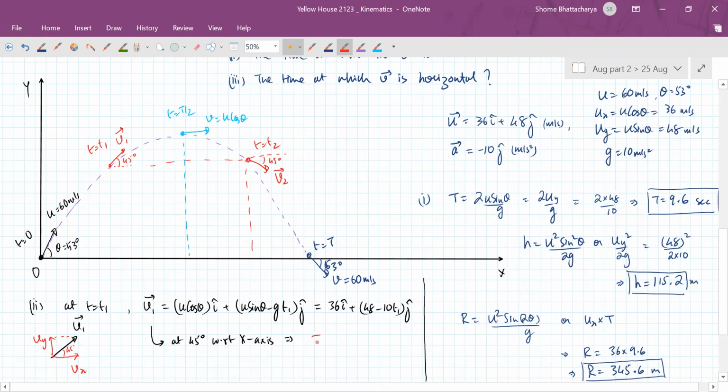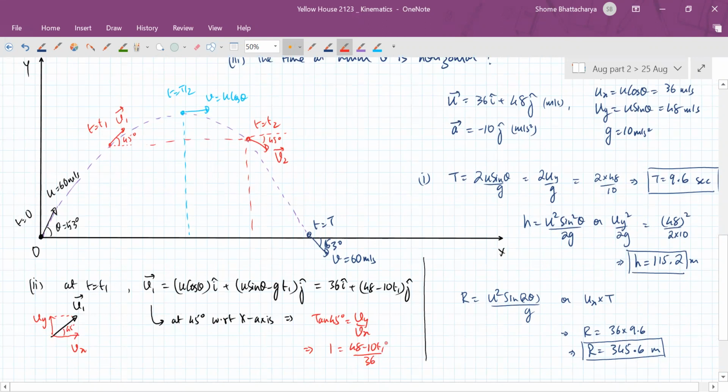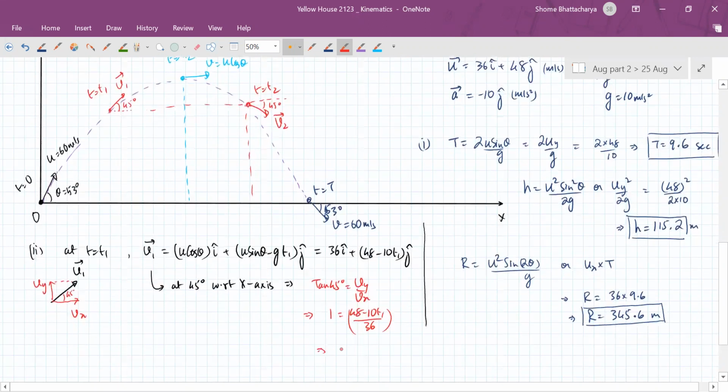So this implies that tan 45 is Vy by Vx. So this is the time.